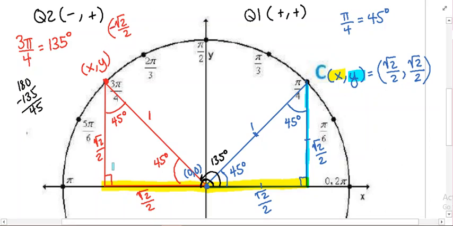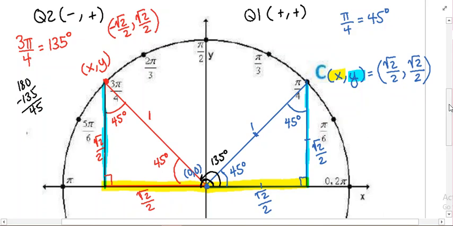And then finally from this point to get to the point on the circle, we've got to go up this blue distance. That blue distance is a length of the square root of 2 over 2. We're in the second quadrant, so the y coordinate has to be positive. So there are your coordinates for 3 pi over 4, which is the same thing as 135 degrees.